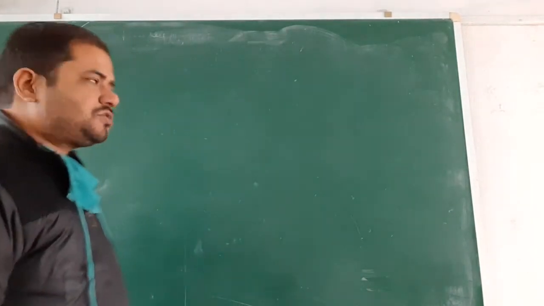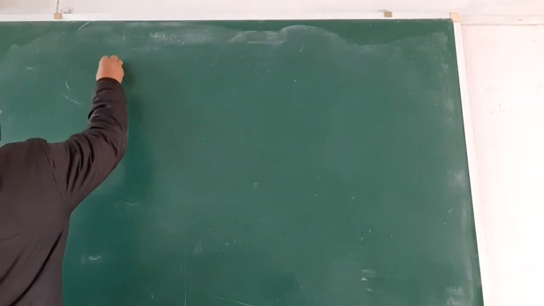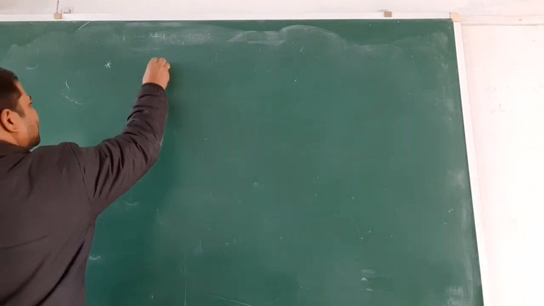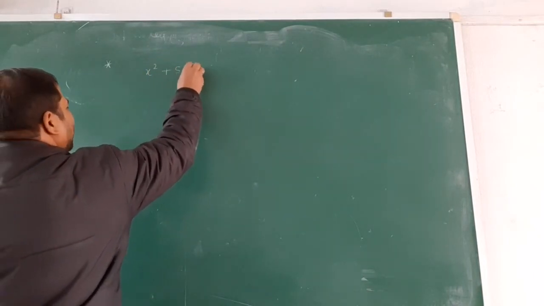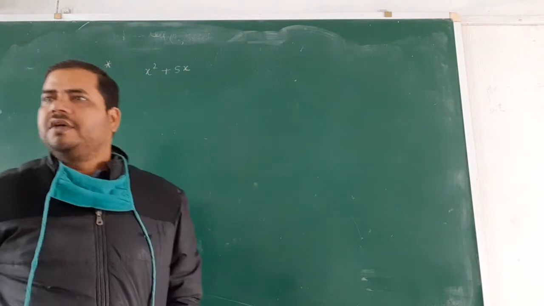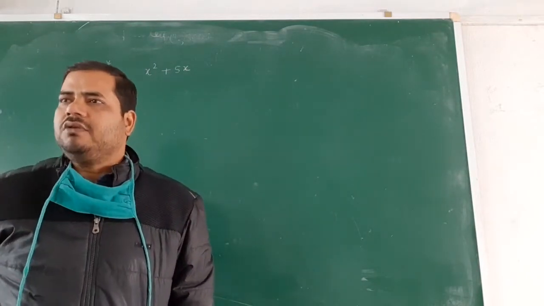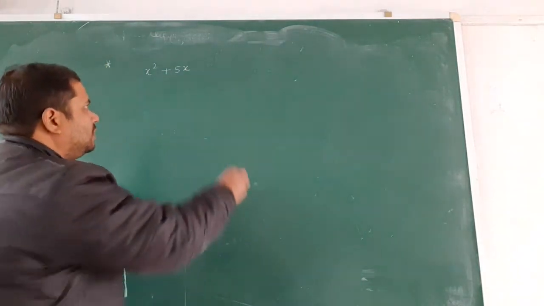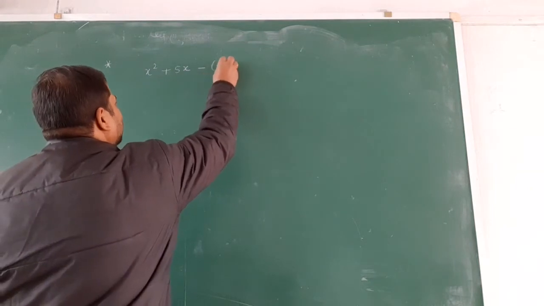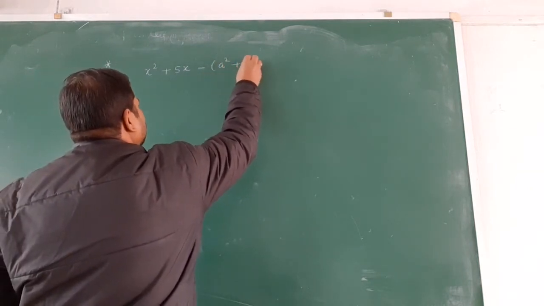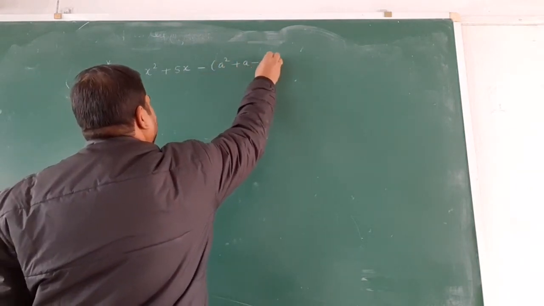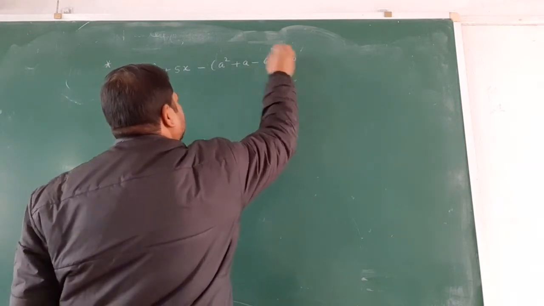Now see the next question. This is also an important question. x square plus 5x minus (a square plus a minus 6) is equal to 0.